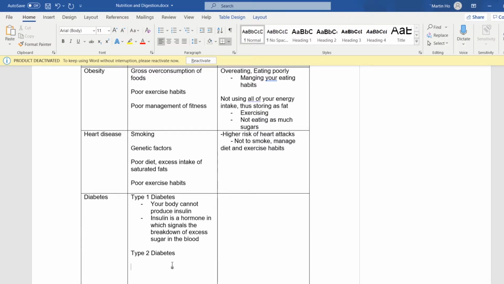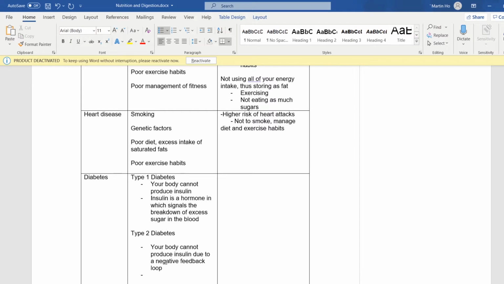In type 2 diabetes, we have a very similar issue in which your body still can't properly regulate insulin, but this is due to a negative feedback loop, where in the past, the pancreas, the organ which produces insulin, has been either overworked or oversignaled, and it continuously releases insulin.